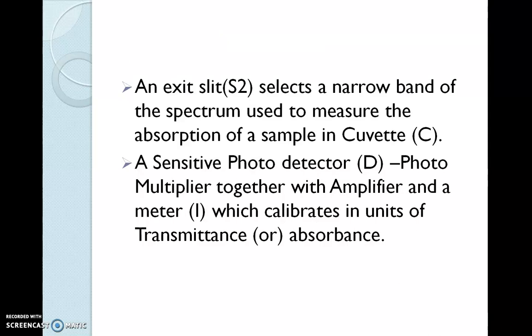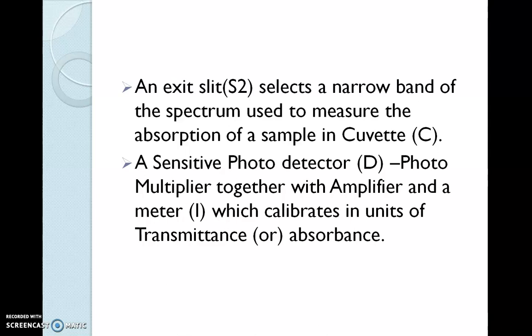A sensitive photodetector, D, which is often a photomultiplier, is used here together with an amplifier and a meter, which calibrates units of transmittance or absorbance.